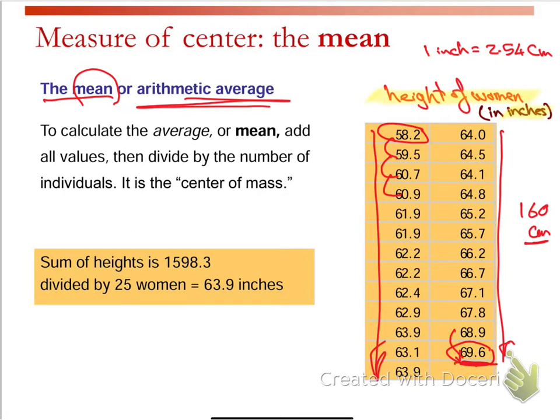Then after summing all of them on the calculator, you will get the sum. We'll call the height x, okay? The sum of x equals the sum of all the x's: x1, x2, x3, x4, and so on.